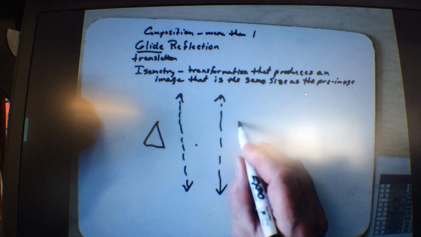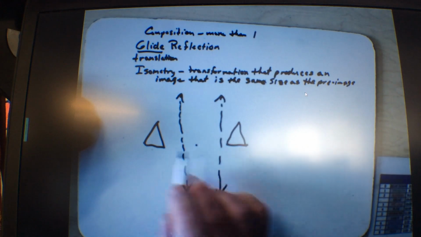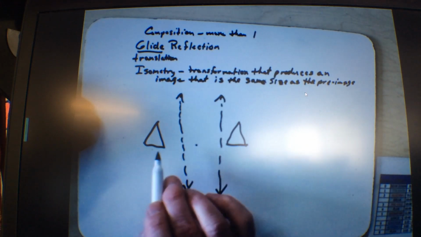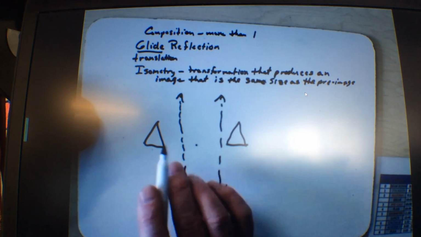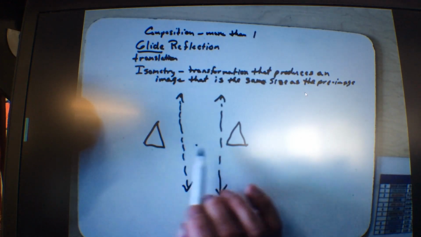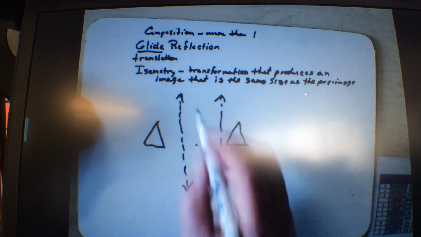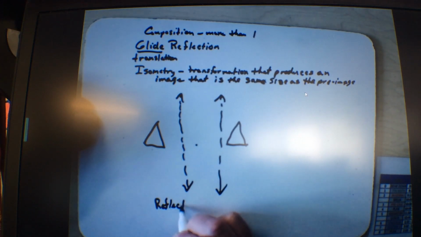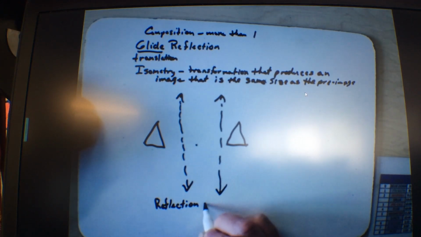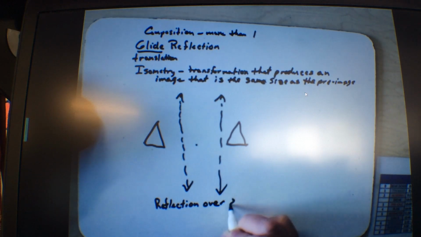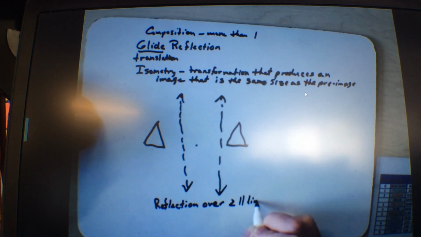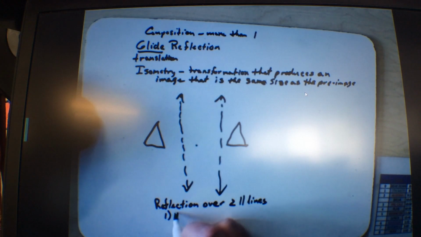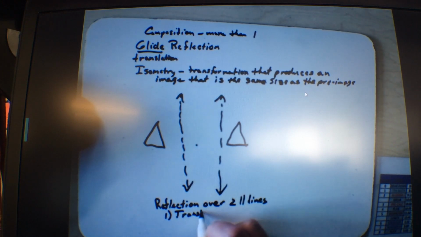And then if we reflect it again over this one, you're going to get the same figure, aren't you? Because it just flipped twice and it's just slid over. So when you do a reflection over two parallel lines, it ends up being a translation. Does that make sense to you?